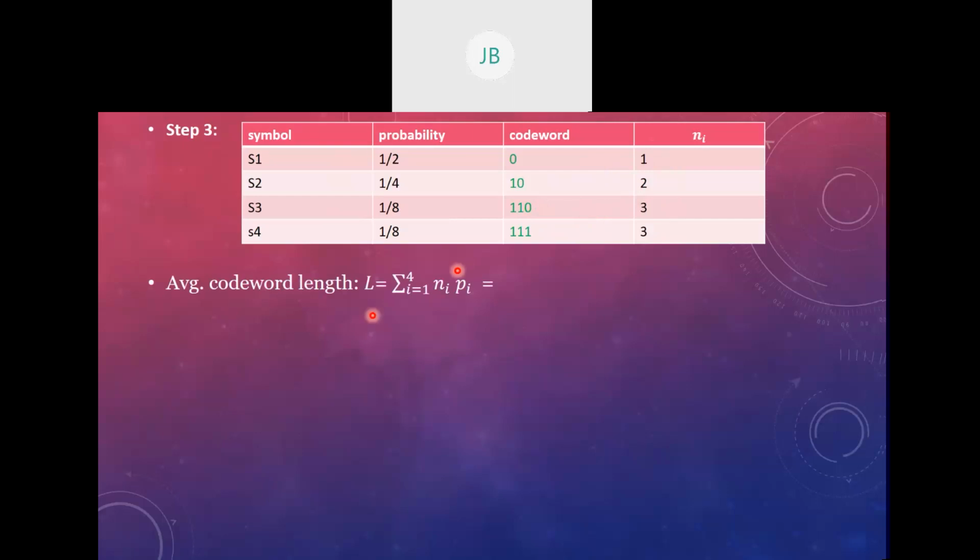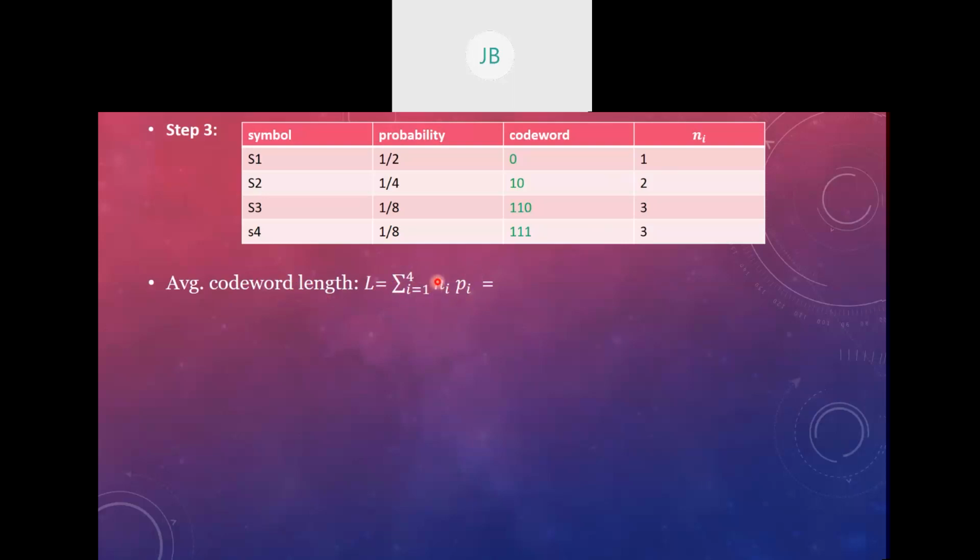And the next question in the example was to determine the coding efficiency and also the average code word length. So right now we will determine the average code word length, that is denoted as L. L is equal to summation of Ni and Pi for all the symbols. Right now we have 4 symbols. So to determine the average code word length, this is the equation where we will be multiplying the probability with its code word length.